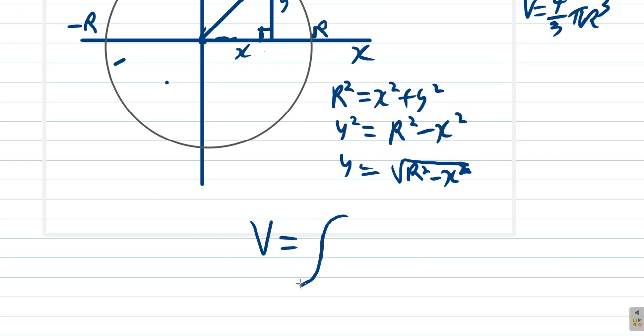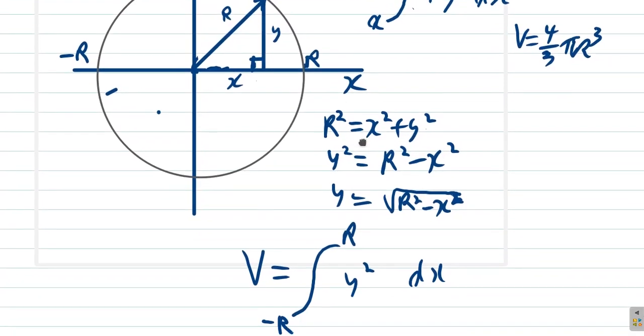So remember, you have to review your definite integration, or using integration to find areas, to remember what I'm talking about. Let's say lower and upper boundary. So we integrate from negative r to r of y squared dx. Well, what is y squared?